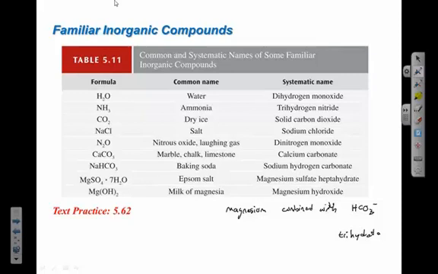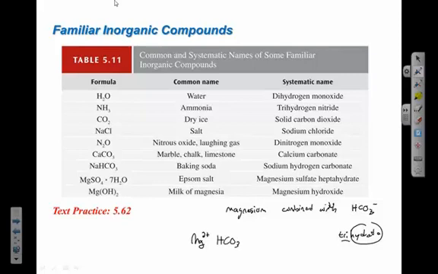Because tri means 3, and the hydrate means waters. So that would be a magnesium. And what should the charge on the magnesium be? A +2. Because it's in group 2A, it needs to lose 2 electrons to make the same number as a noble gas. So it'll have 10 electrons, and that will give it a +2 charge. And I'm already showing you the charge on the HCO3.